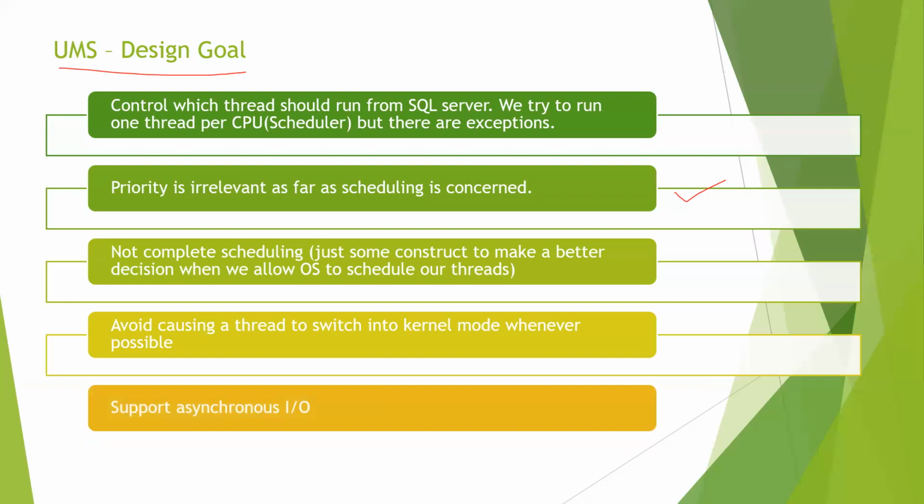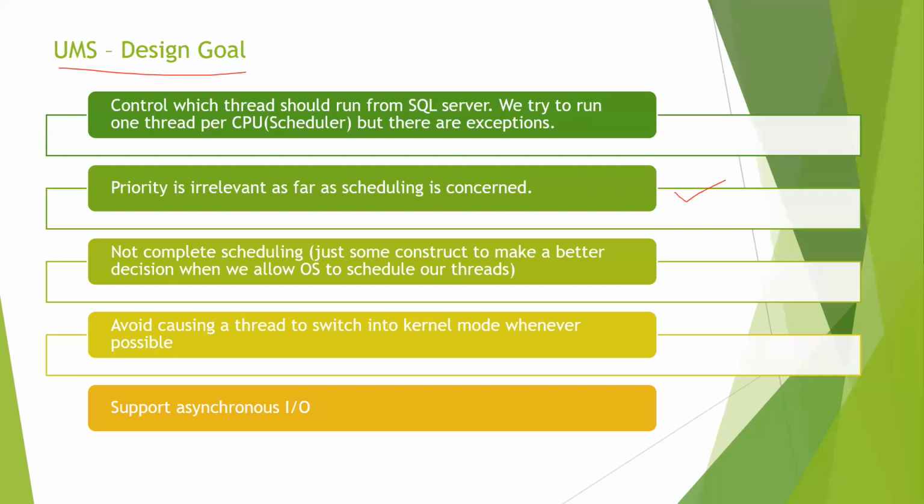Support asynchronous IO. We will talk about IO later, but say, for example, you post some IO operation and you are not waiting for that IO to be completed. Take an example of backup.